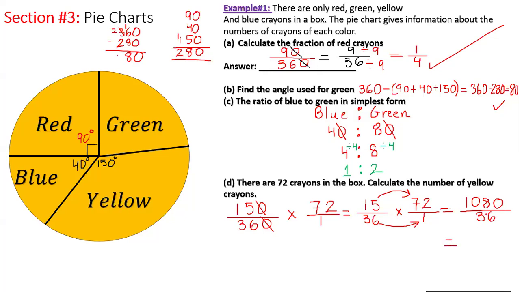And 1080 divided by 36 is what? 30. So that's how we got that. The number of yellow crayons inside the box is going to be 30 yellow crayons.